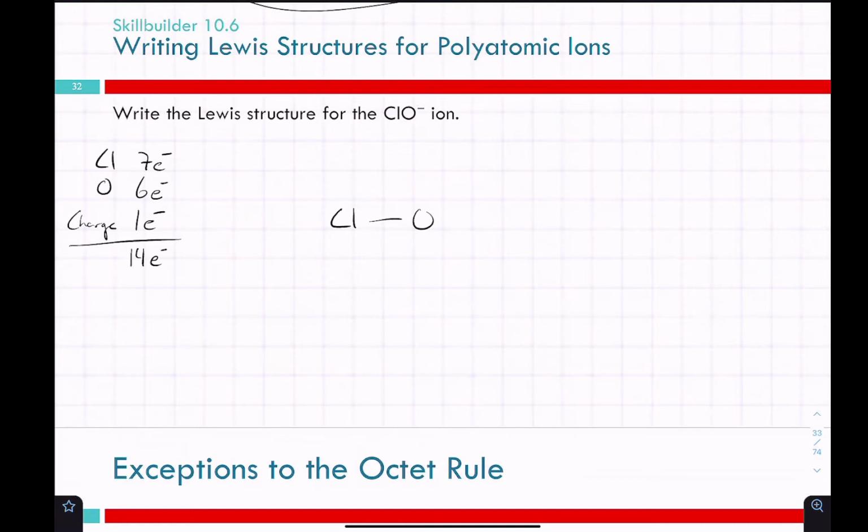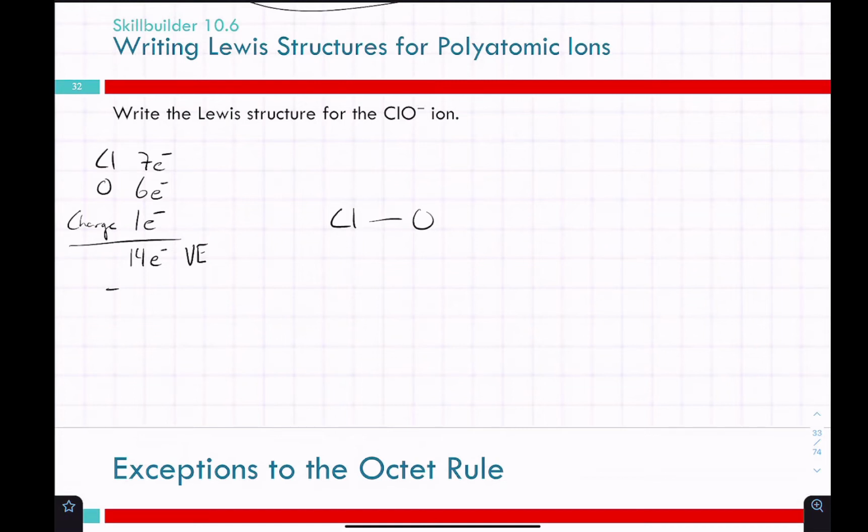And this is where you start relating some of this stuff back to the Lewis structure worksheet. So the VEs, that's your total number of valence electrons. That's what this 14 is. So that's VE. Then we subtract out electrons for all the bonds that we've already made.